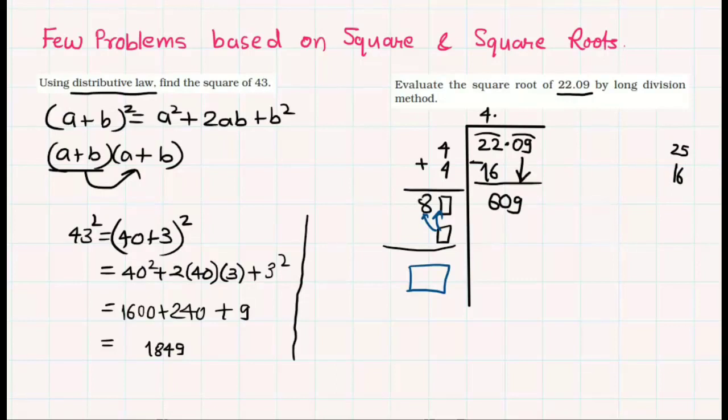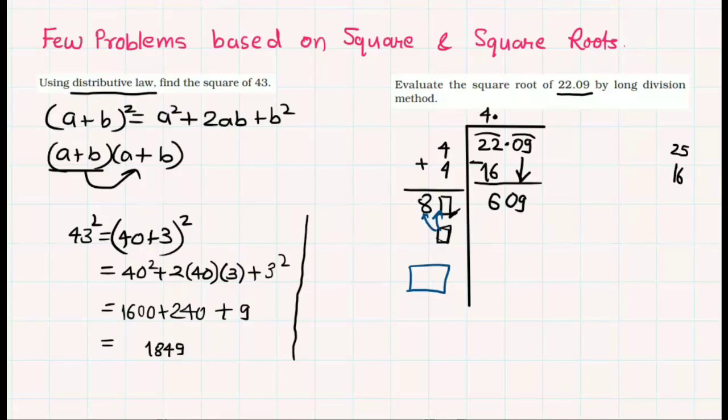So at that point, we put the decimal point up in our answer. And this is 609. So we have to find a digit over here which will make this complete number, and the same digit will go over here and multiply this number and produce a product which is smaller than or equal to this number here.